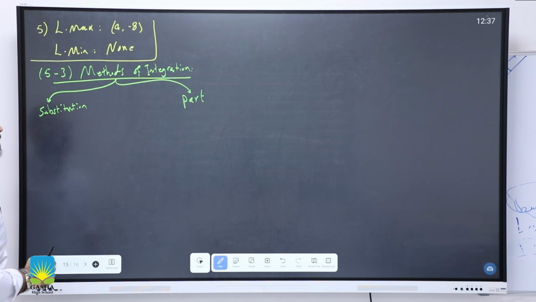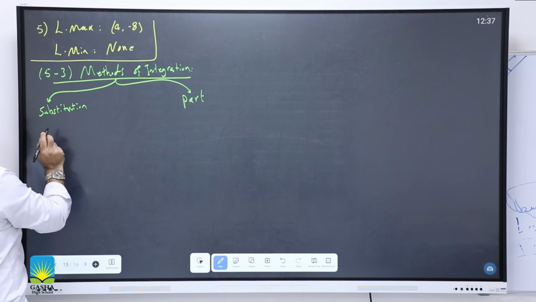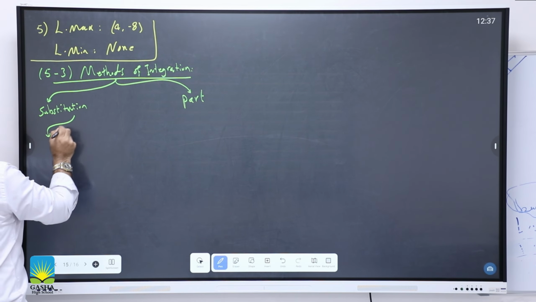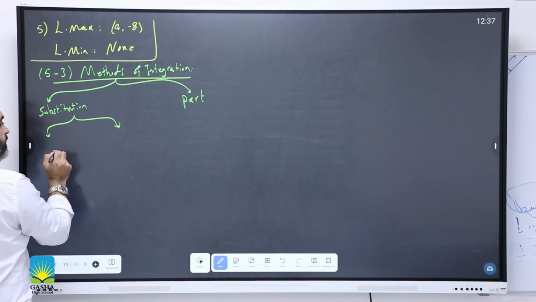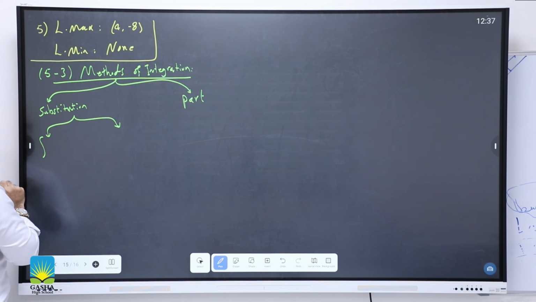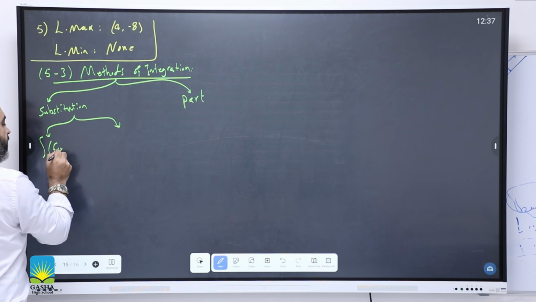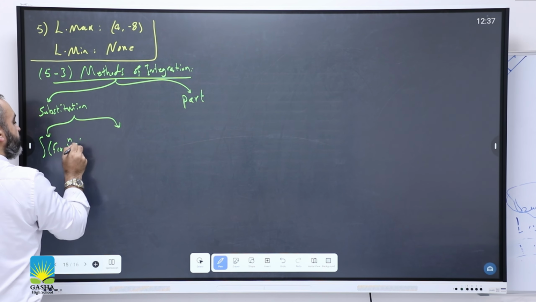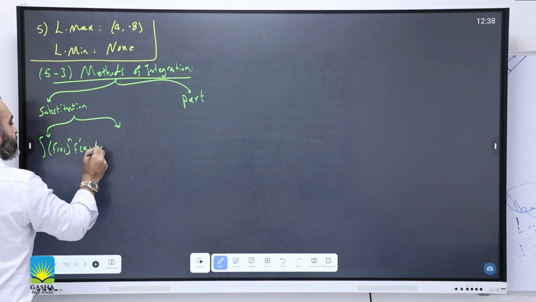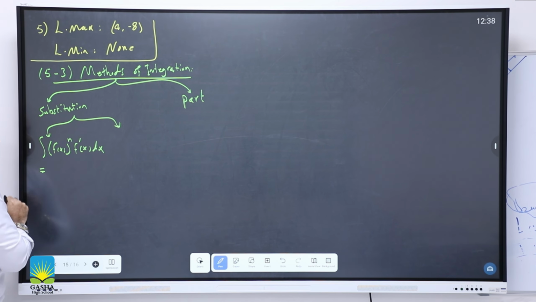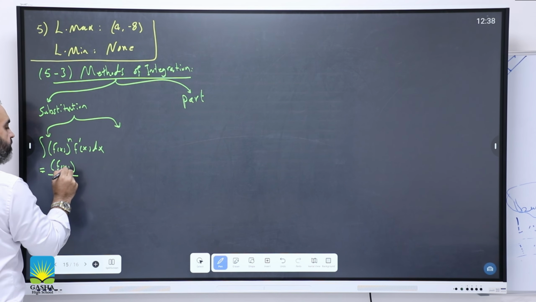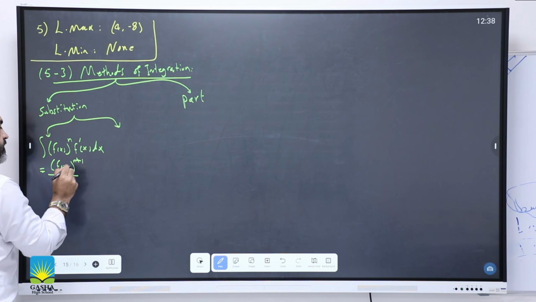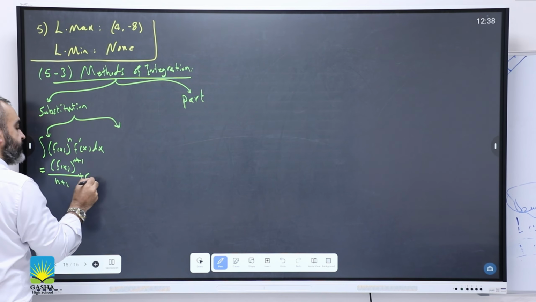For substitution, we have two types. The first is the integral of f of x to the power n times f prime of x dx, which equals f of x to the power n plus 1 over n plus 1, plus c.